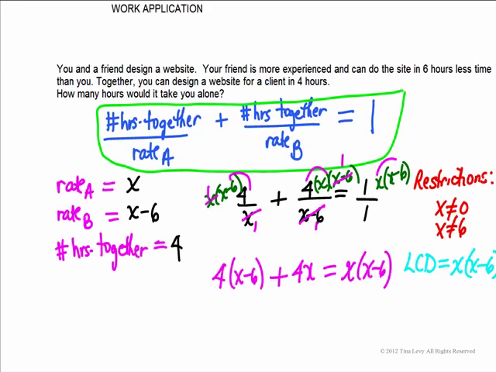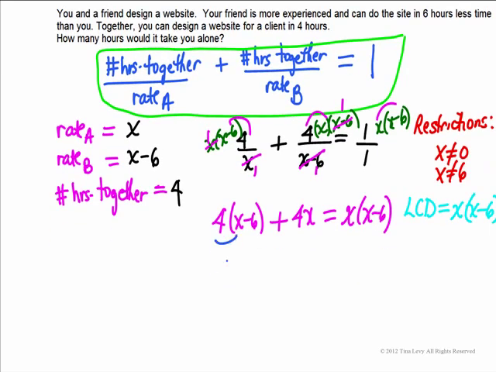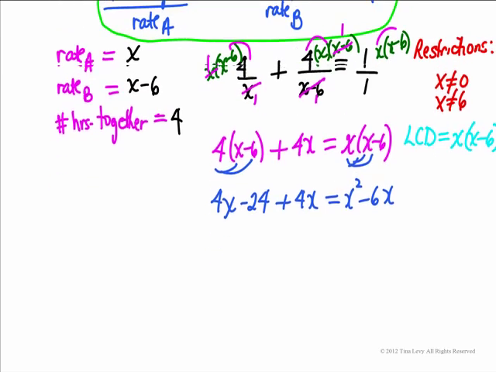We're now going to distribute to get rid of parentheses. We get 4X minus 24 plus 4X equals X times X is X squared minus 6X. We now combine like terms.